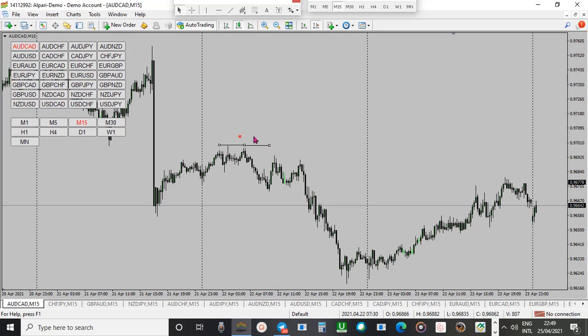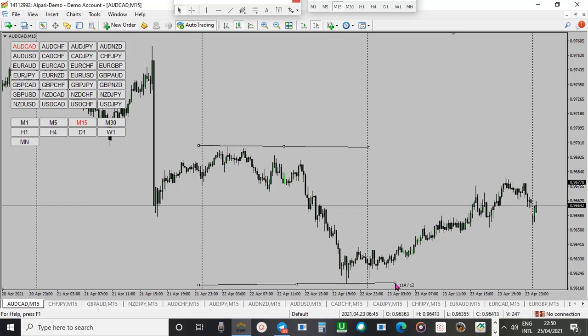Another area where orders are resting, where banks manipulate, is at what I call the high and low of each day. The high and low of each day. Okay, liquidity resides in this place. Orders reside here.